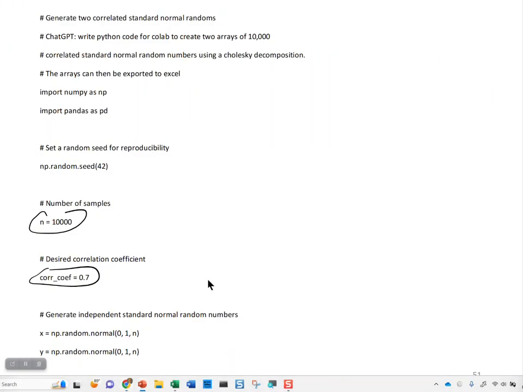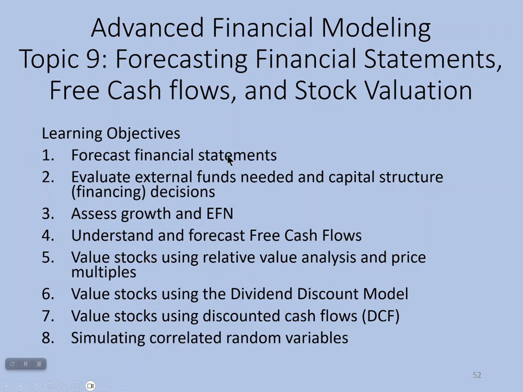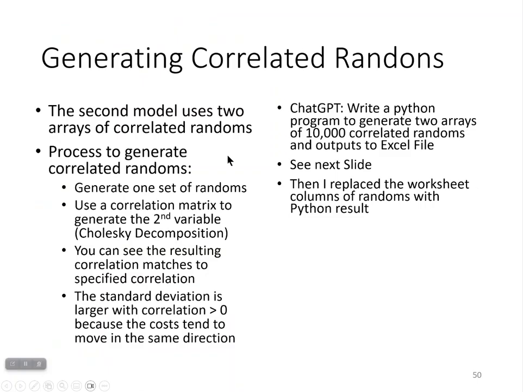If I go to the PowerPoint, I have just a small discussion, and that is to generate correlated randoms. You need to generate a set of randoms, and then you need to use the correlation matrix to modify the two arrays of randoms.